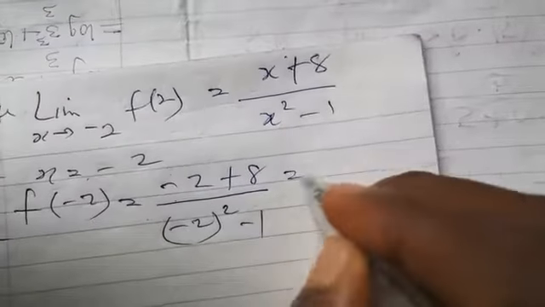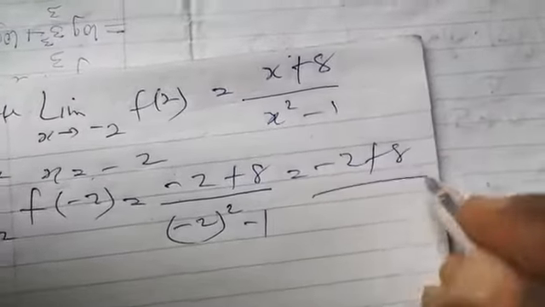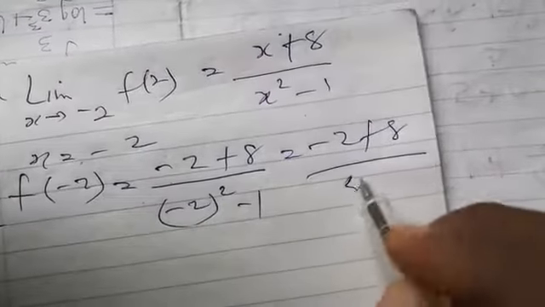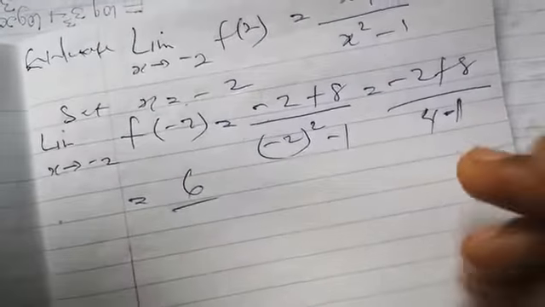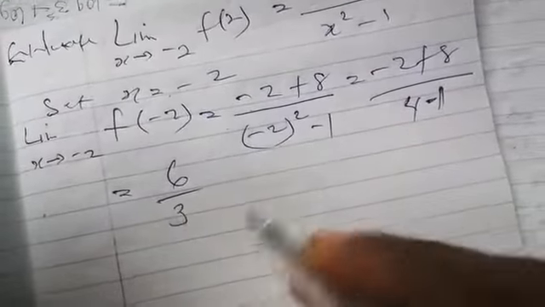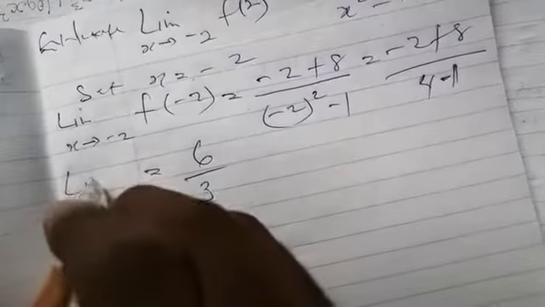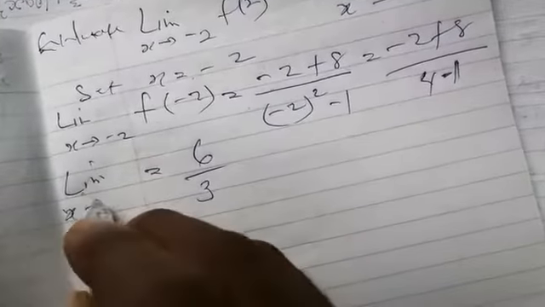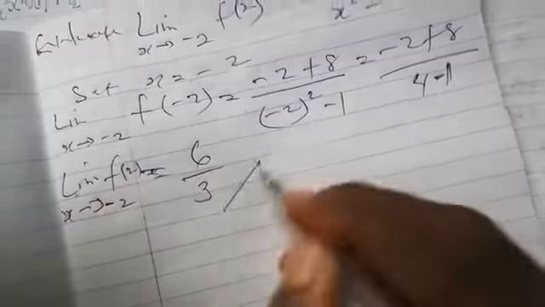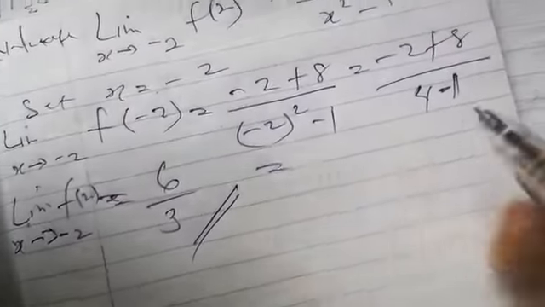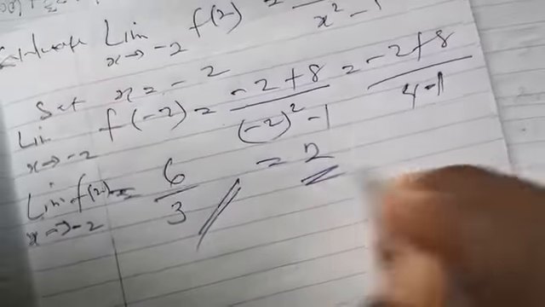Minus 2 plus 8 is 6, and minus 2 squared is 4, minus 1 is 3. So the limit as x tends to minus 2 of the function f of x is equal to 6 over 3, which is 2.